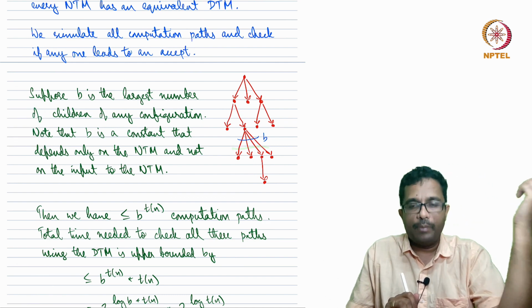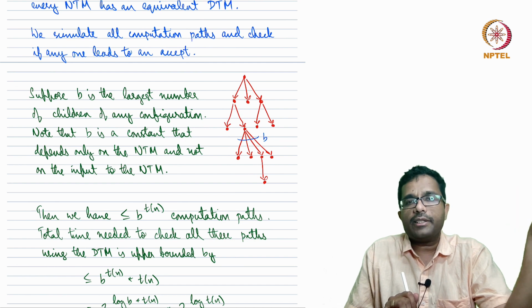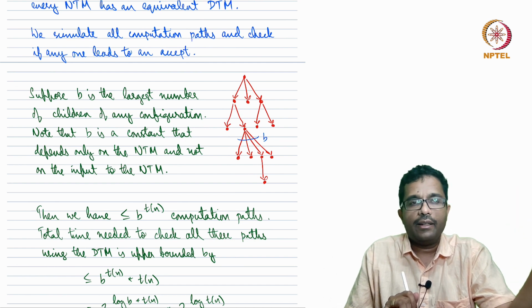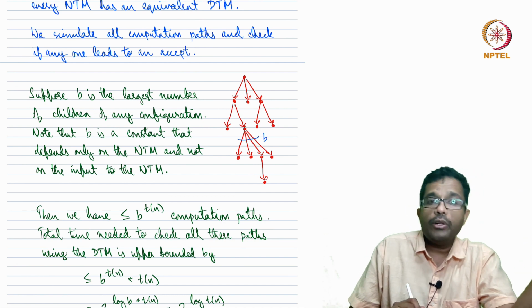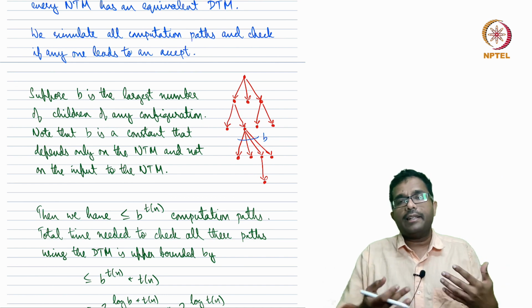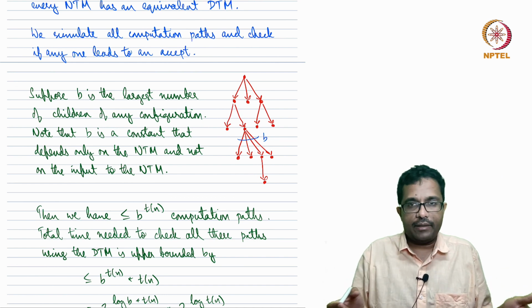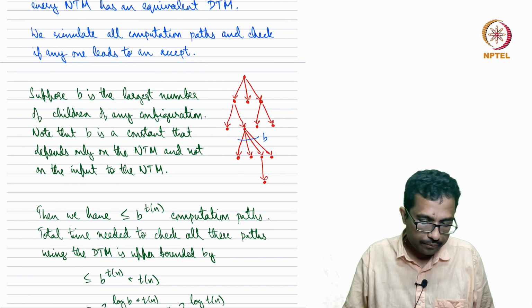So b, let's say, is 4. Once a non-deterministic Turing machine is defined, the constant b only depends on the Turing machine, not on the input. This is something one has to understand.